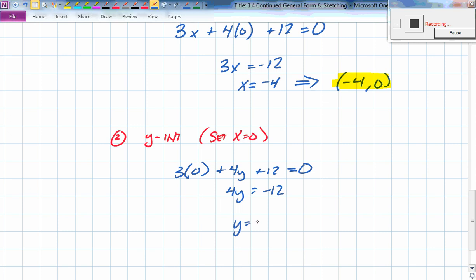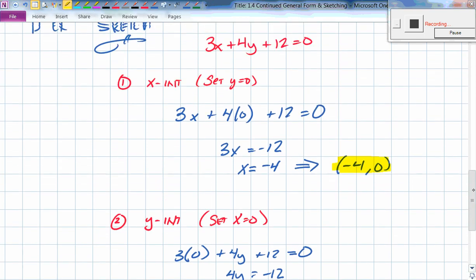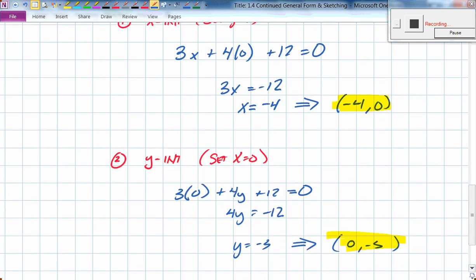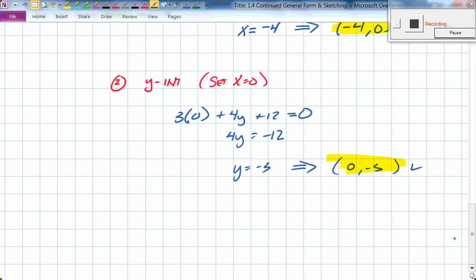That means y has got to be negative 3. How would I then put that into a point? What would it be? Very good. 0 comma negative 3. So, very, very quickly, from general form, we can easily find x and y intercepts. If we have the x and the y intercepts, then we can quickly and easily make an accurate sketch of this particular line. So that's what we're going to do next.